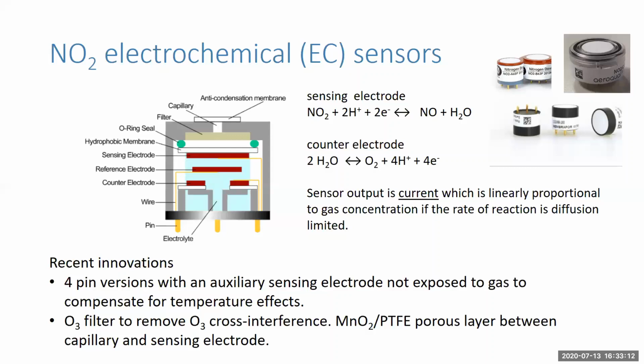And this is to remove ozone cross interferences, a well-known interference for NO2 electrochemical sensors. The filters are usually composed of manganese dioxide material coated on a PTFE porous substrate.